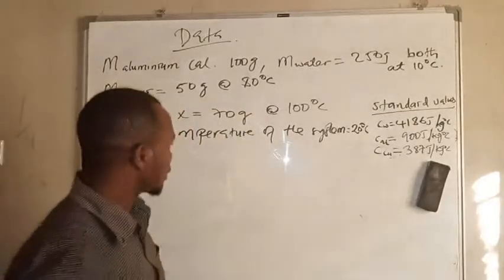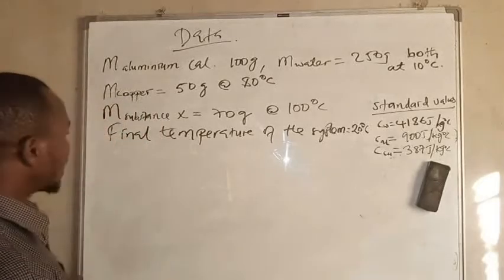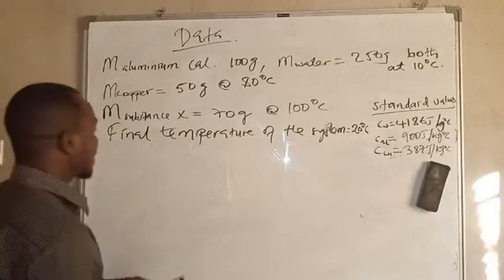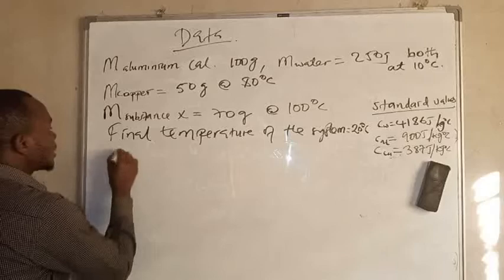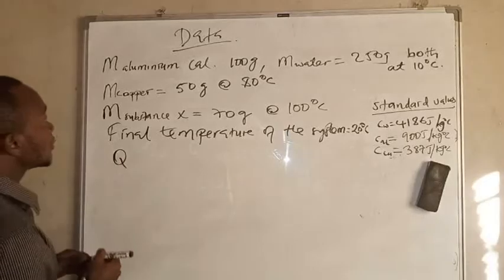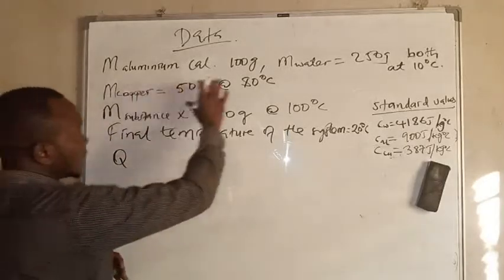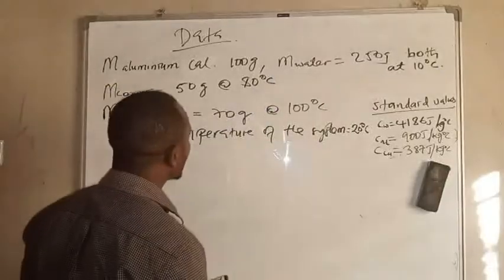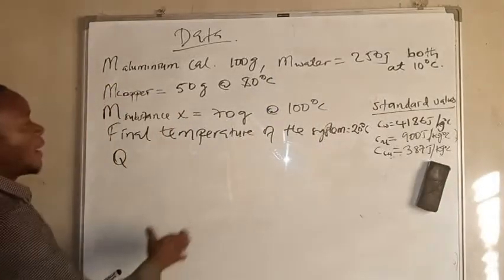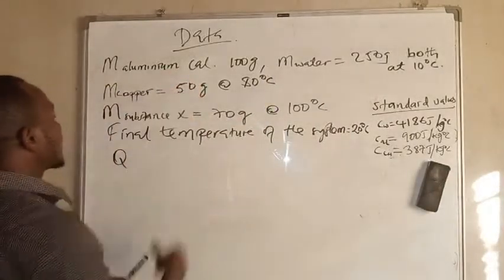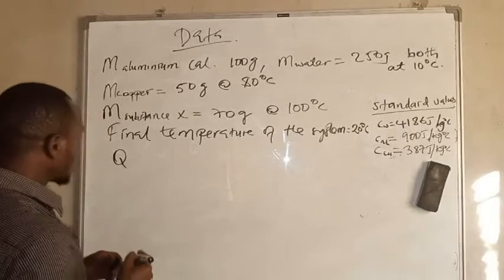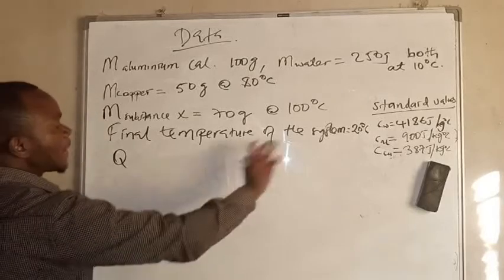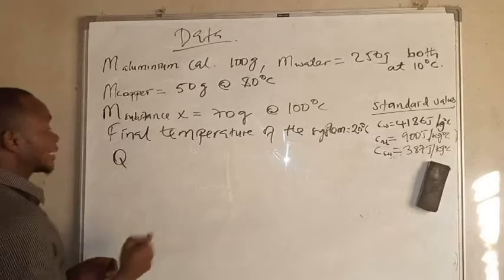Now, let's proceed. From the principle of energy conservation, the energy gained by water and the calorimeter must be equal to the energy lost by copper and substance X. So if we add all the energies, we must get 0.